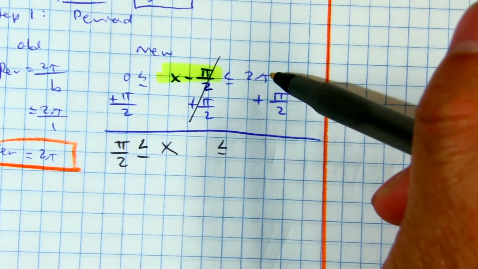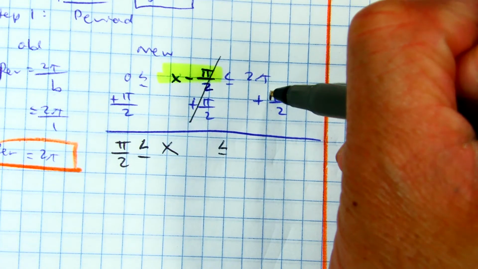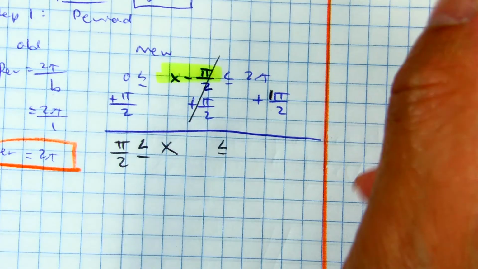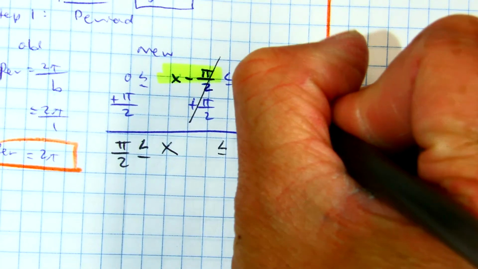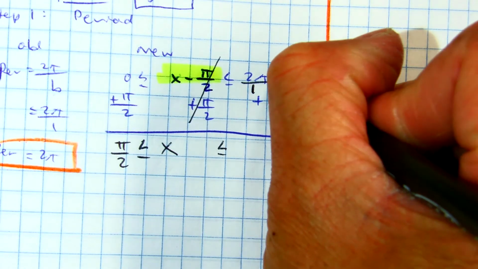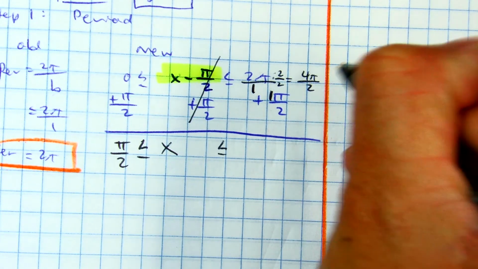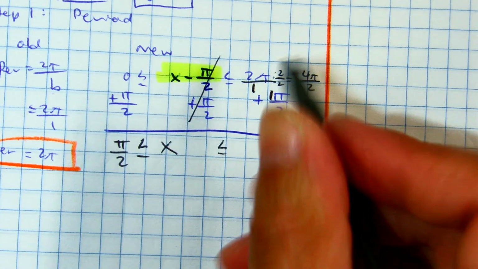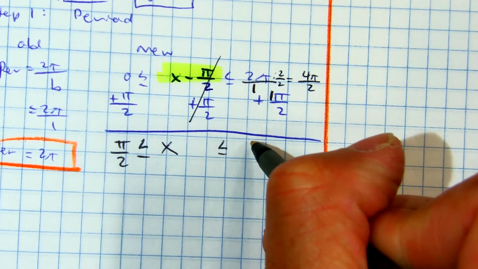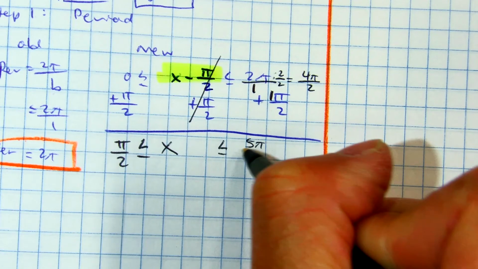Class, can we add 2 pi to 1 pi over 2? Nope. How do you make 2 pi a fraction? To get a common denominator, I'm going to have to multiply by 2 over 2. So this will give us 4 pi over 2 plus 1 pi over 2 gives me how much? 5 pi over 2.